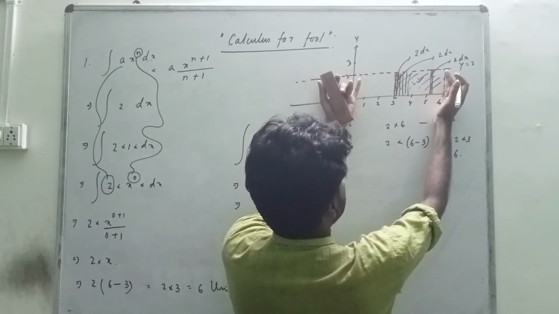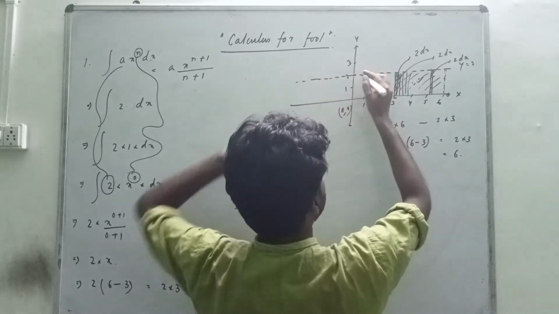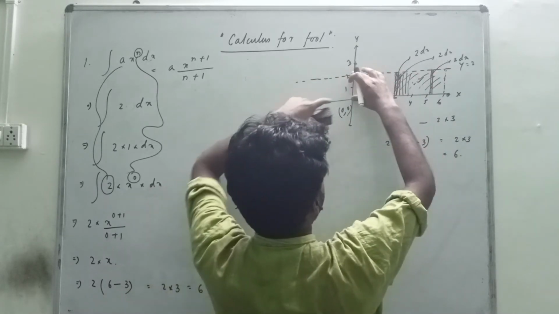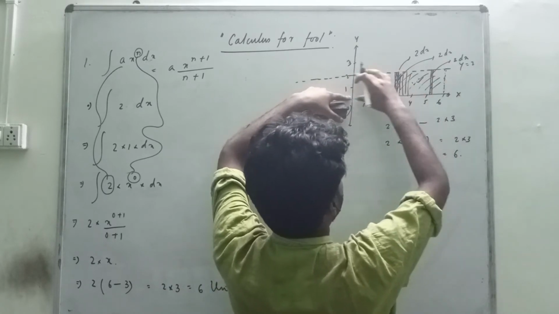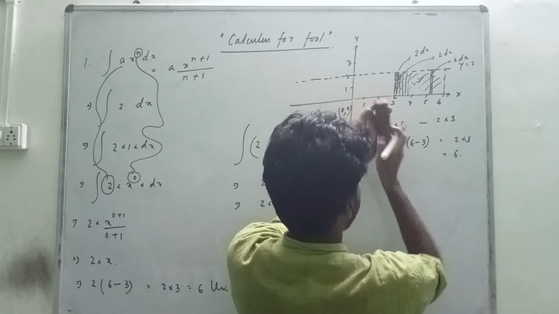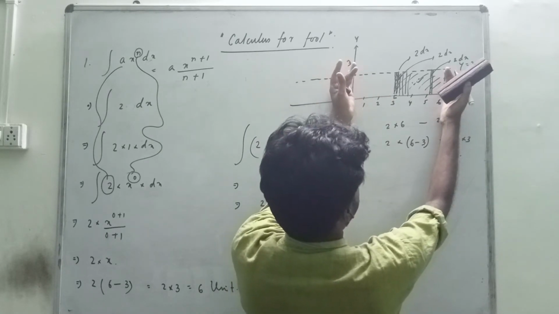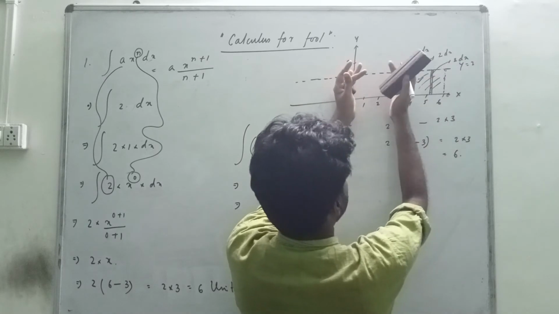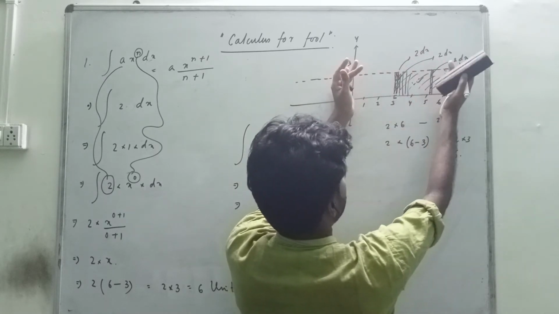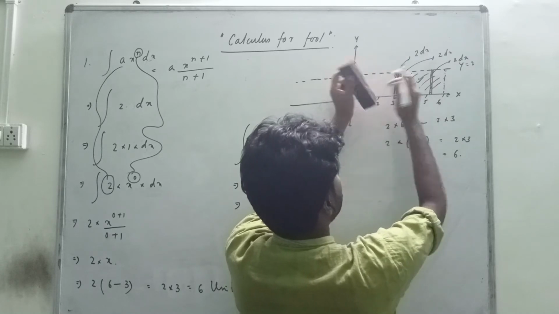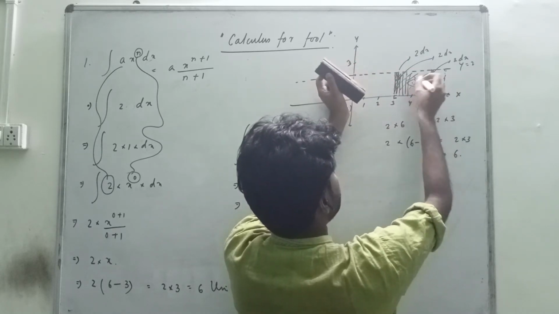From 6 to 3, because actually I calculated this with the whole area of this large rectangle. So it's 6 actually. So from x equals 6 to x equals 3, then you will get these areas, right?